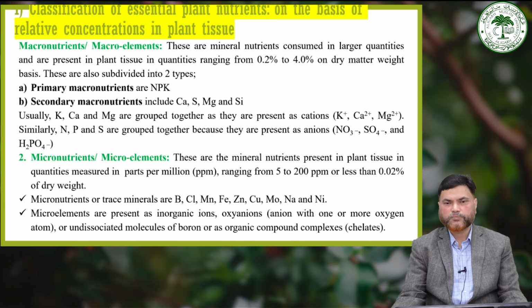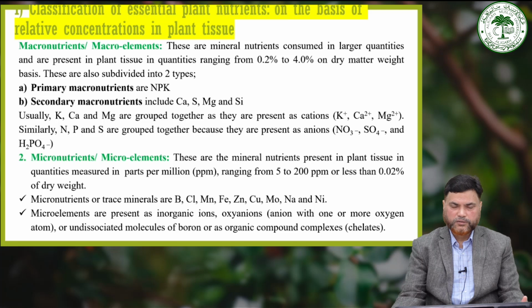Basically, potassium, calcium and magnesium are generally grouped together as they are predominantly present as cations. Likewise, nitrogen, phosphorus and sulfur, they are grouped together because they are primarily present as anions like nitrate, sulfate and phosphate.